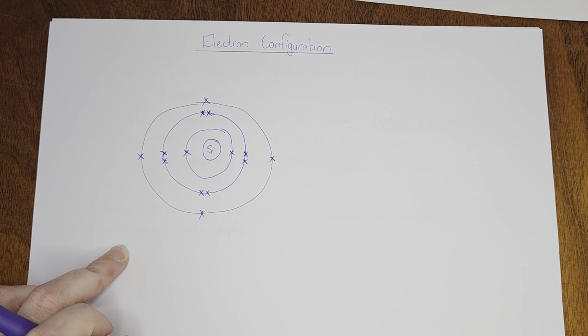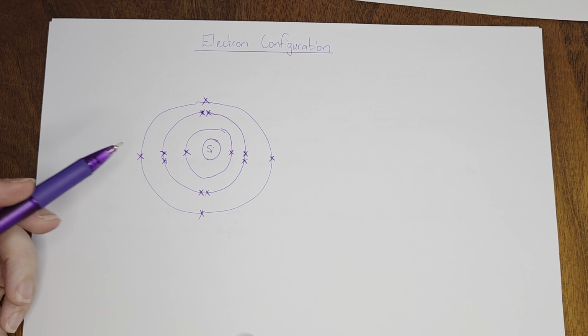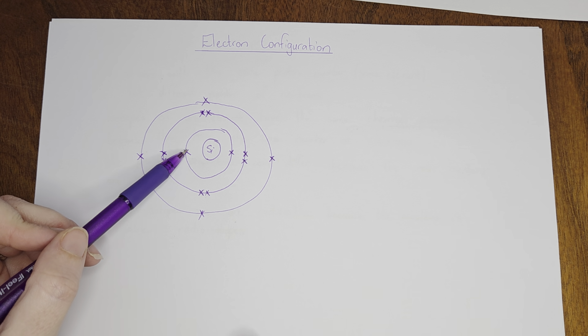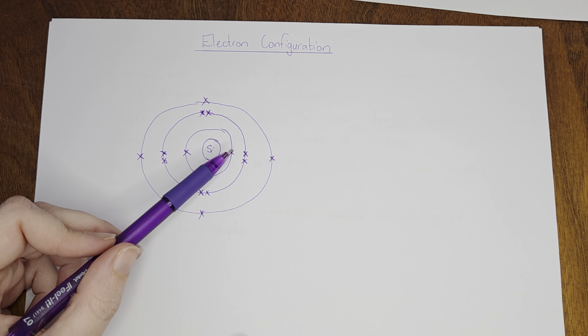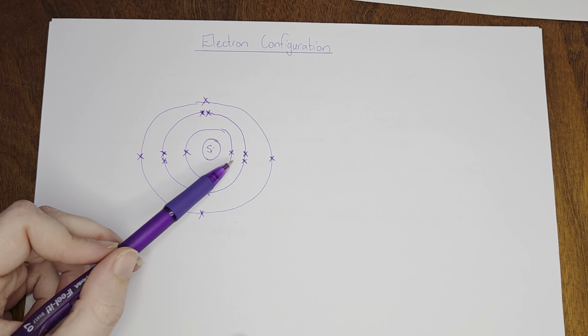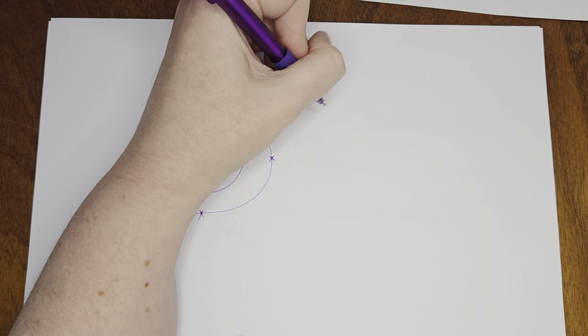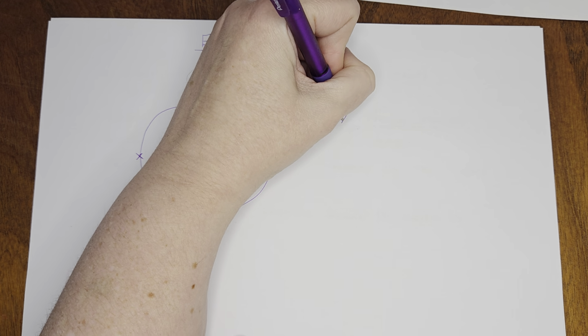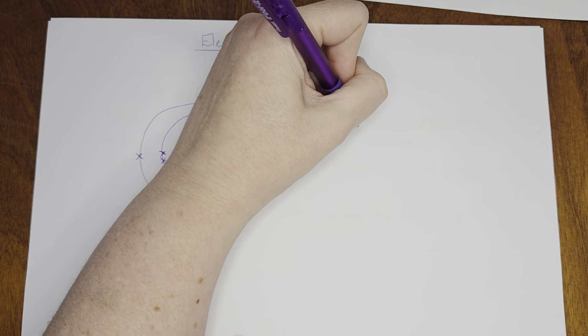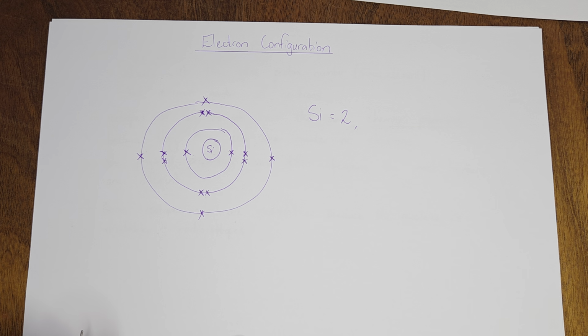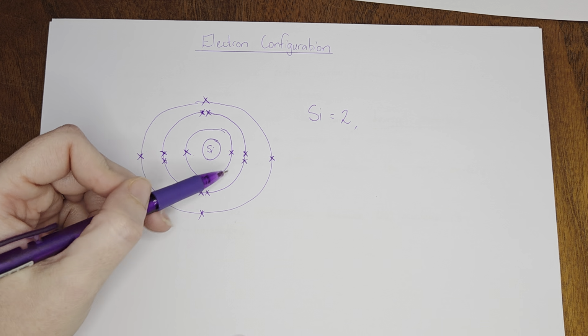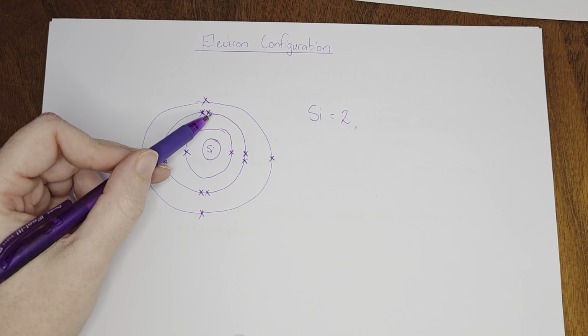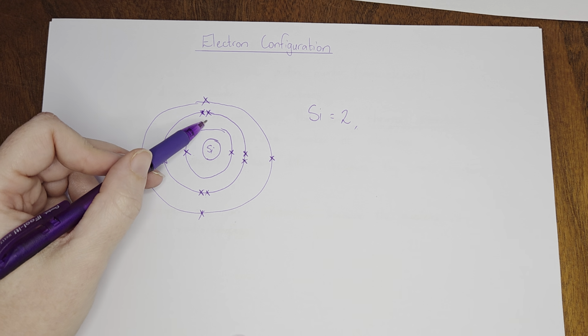If I have to write the electron configuration, I simply have to total each electron in the energy level. In this energy level, there was 2. So I can say silicon's electron configuration equals 2. Then I put a comma to separate the next level. That next energy level has 1, 2, 3, 4, 5, 6, 7, 8.